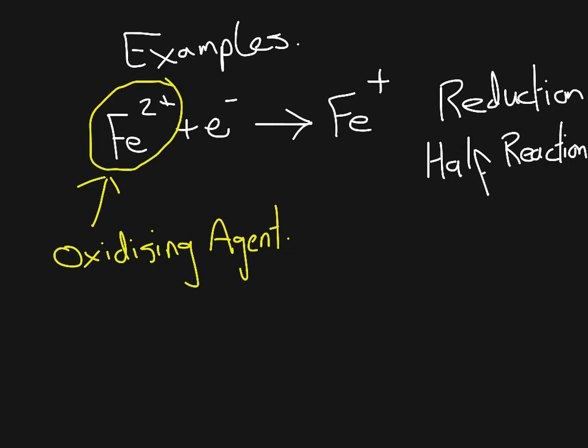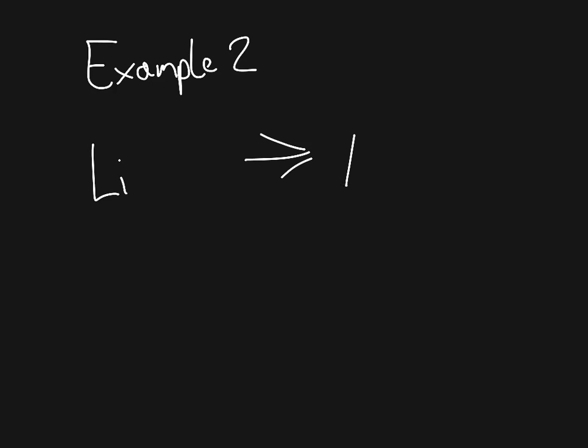Now let's have another one. In a second example, we go from lithium metal to lithium ion, or the lithium cation. To balance this half reaction, we need to add 1 electron onto the right-hand side to balance out the charges.